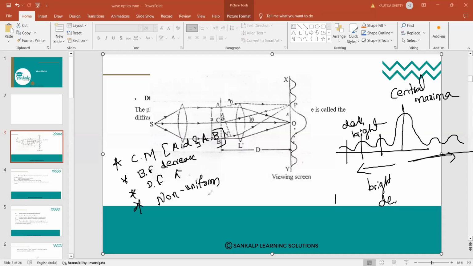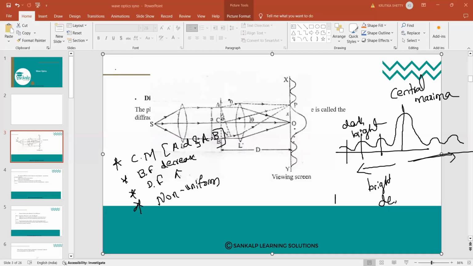So what are the essential conditions for this diffraction phenomenon? See here, the size of the obstacle or the aperture should be comparable with the wavelength of the light.